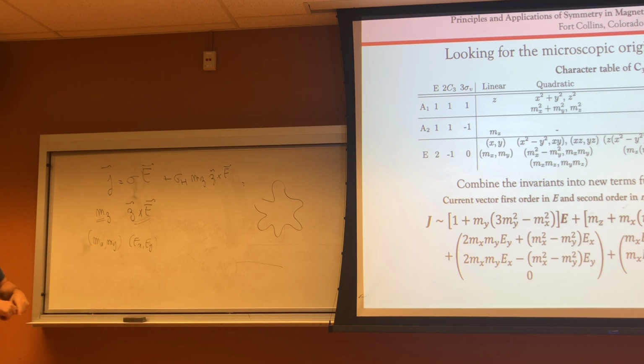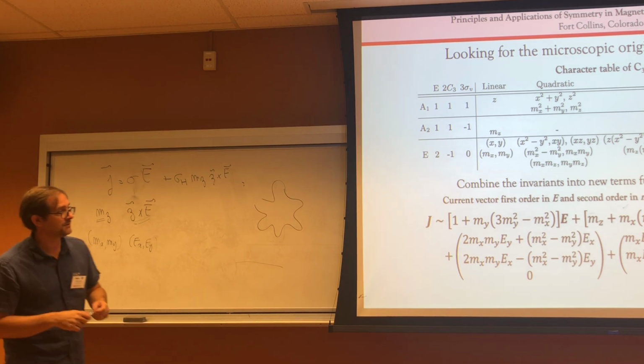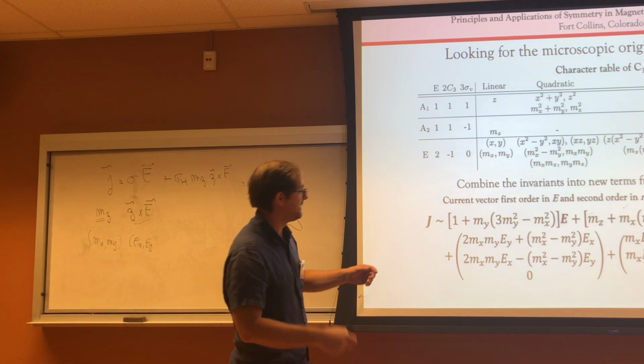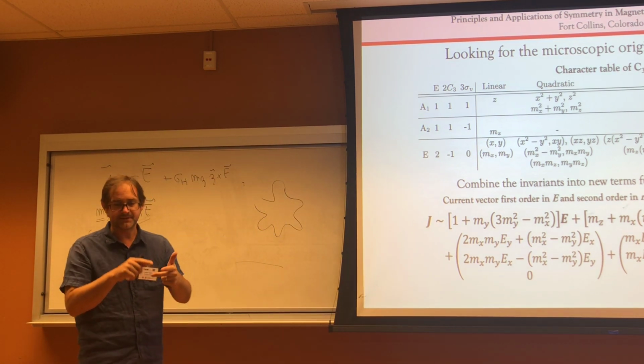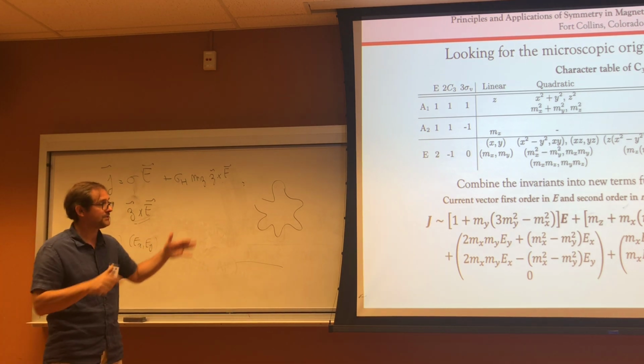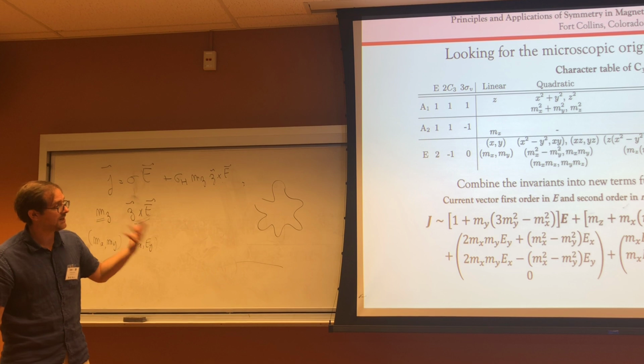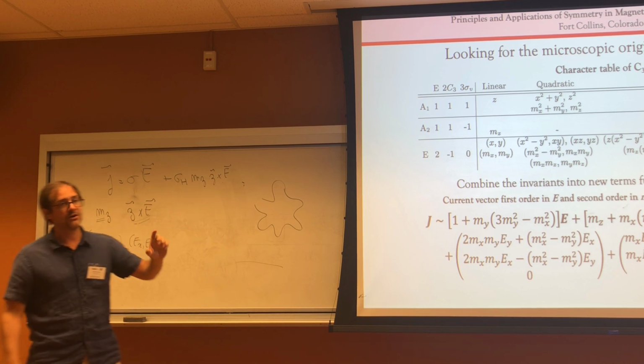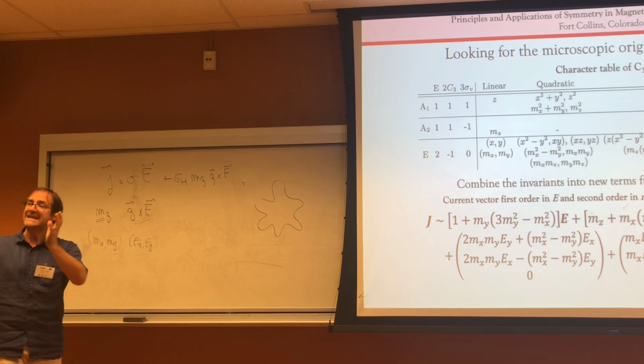So I have different forms of effect: MxEx plus MyEy, MxEy plus MyEx, and then I also have the minuses. I have exactly the same rationale as what I did for the D3 group. I have to do it again now, and pick only the term that belongs to E.